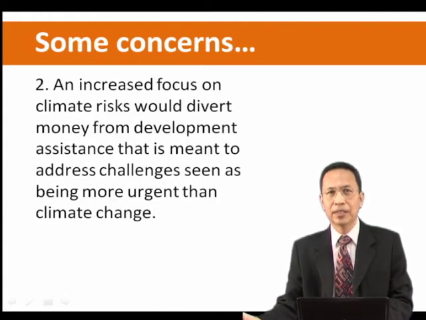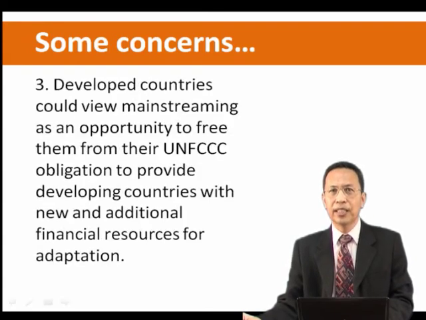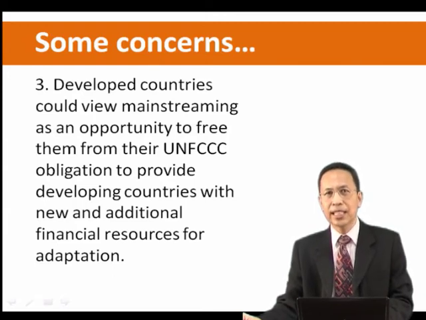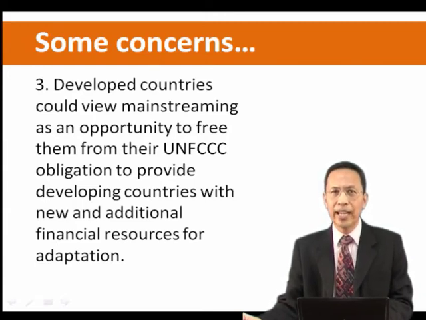On the other hand, some people also say an increased focus on climate risks will divert money from development assistance that is meant to address challenges seen as being more urgent than climate change. So this is the reverse of number one. And third, developed countries could view mainstreaming as an opportunity to free them from their UNFCCC obligations to provide developing countries with new and additional financial resources for adaptation.